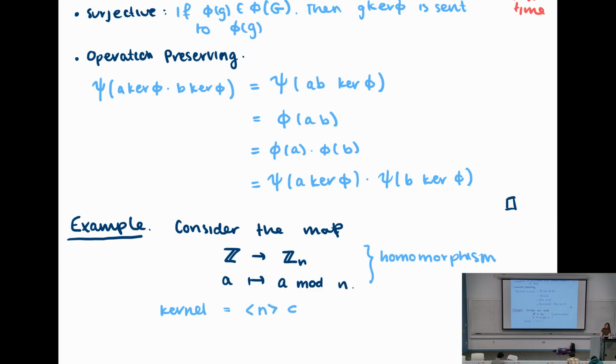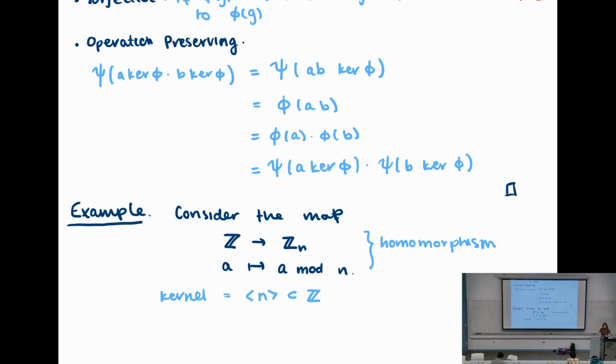So you can think of this as the subgroup generated by n inside of Z. So by the first isomorphism theorem, that tells us that Z mod this kernel is isomorphic to its image, and this map will be surjective, so that gives me all of Z mod n. Okay, are there questions with this example?